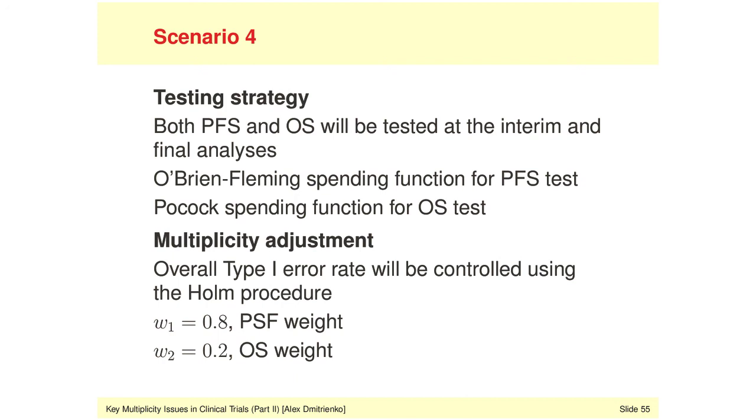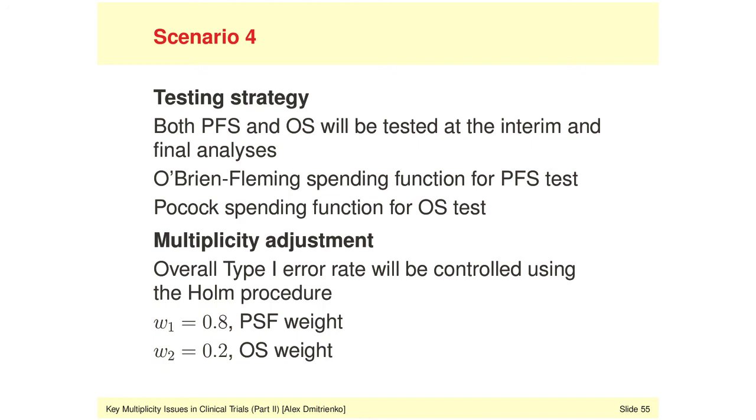For example, as you can see on the slide, we may decide to use the standard O'Brien-Fleming spending function for the progression-free survival test, but another, for example, the Pocock spending function for the overall survival test. An advantage of this approach is that it helps us improve the probability of success for overall survival.